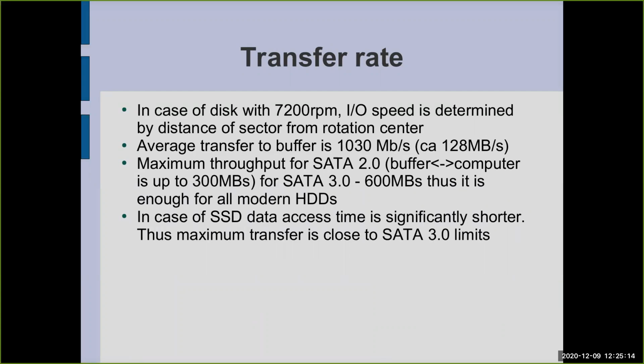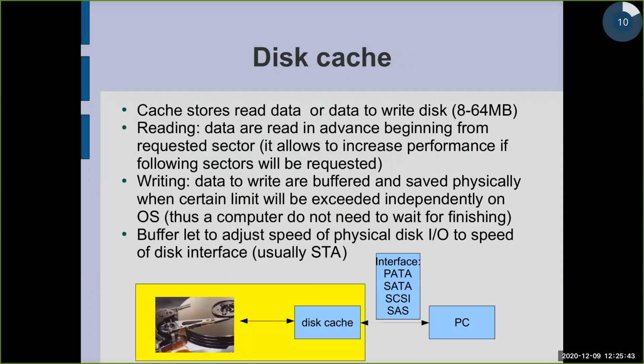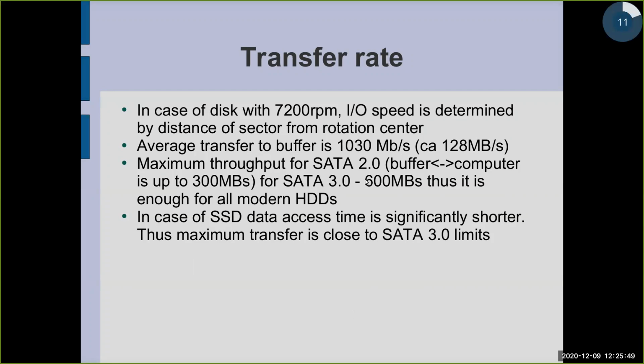So look, the average transfer speed to the hard drive is about 128 megabytes per second, while by the interface it's about 600 megabytes per second. So if you have cache, you can transfer data with this speed.